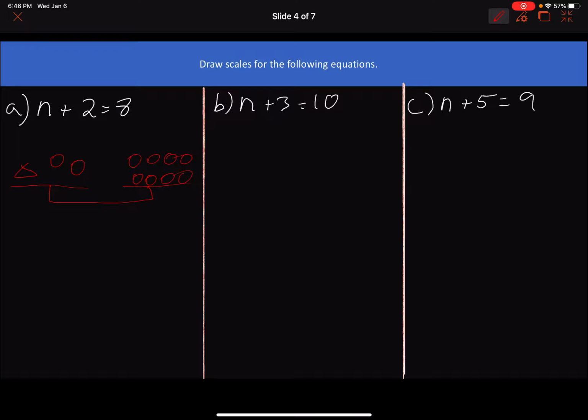And I know that if I'm going to take away the 2 here and take away the 2 there, and I'm going to show this, they need to remain balanced on both sides. So the n here, it can be anything. It could be a z, it could be a y, right? That I'm representing with the triangle. And I know that this n is going to be equal to 6. And it shows that here as well.